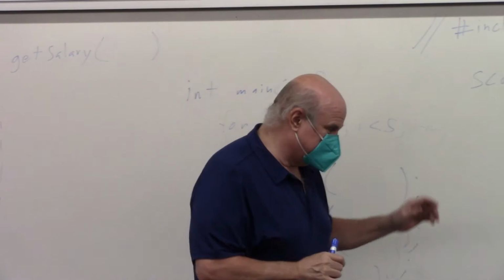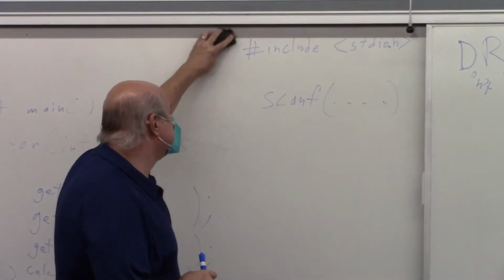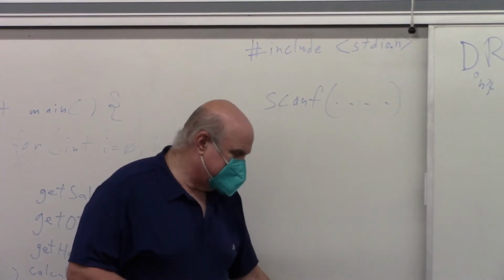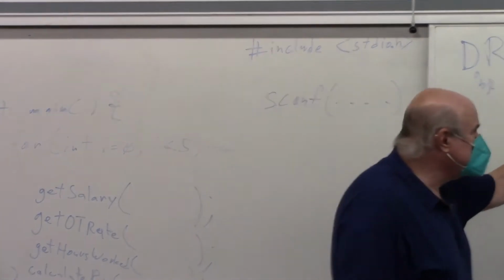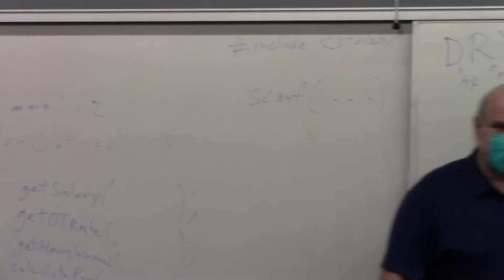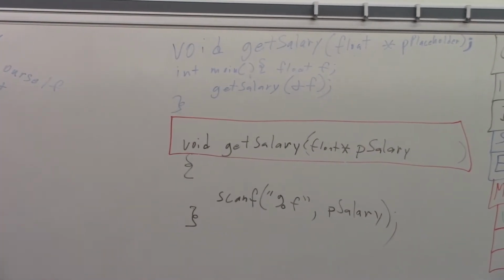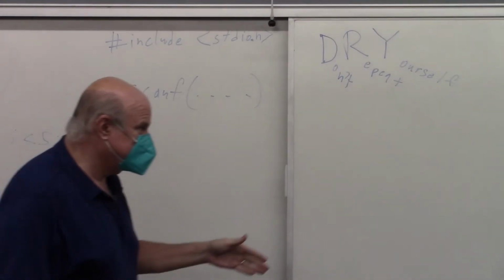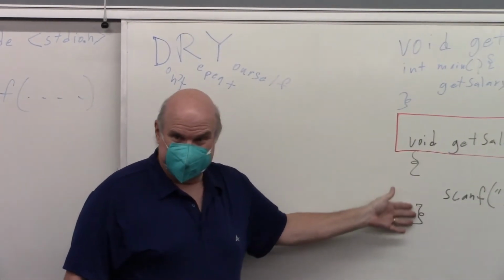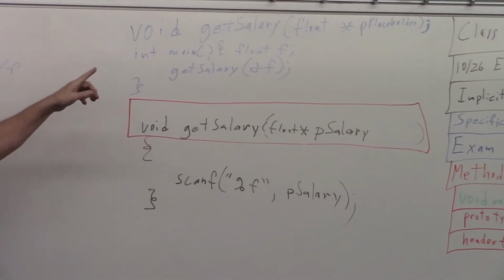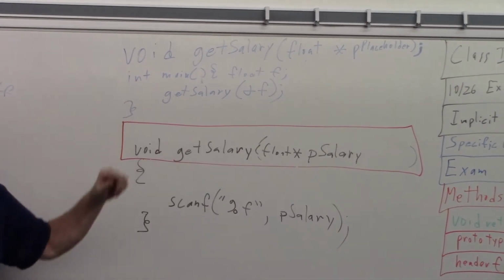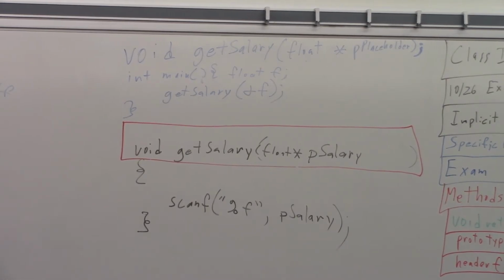Okay? This is why. stdio.h contains only the declaration for scanf. It does not contain the definition of scanf. It only contains the declaration. And why does it contain the declaration?